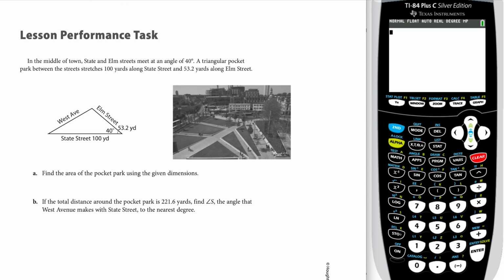And this was specifically found in the section on Law of Cosines. This was a Law of Cosines performance task. Also, I believe in the sheet I hinted that you need to know the area formula that we talked about.